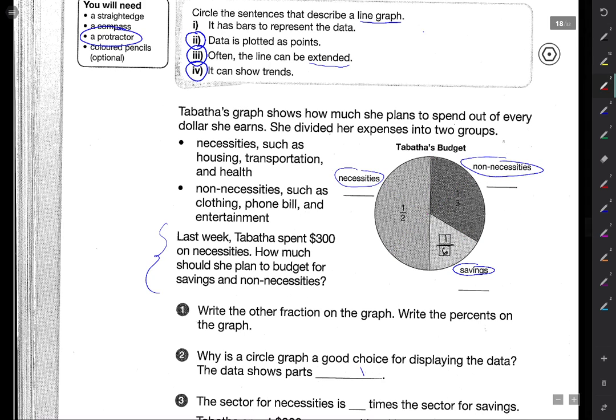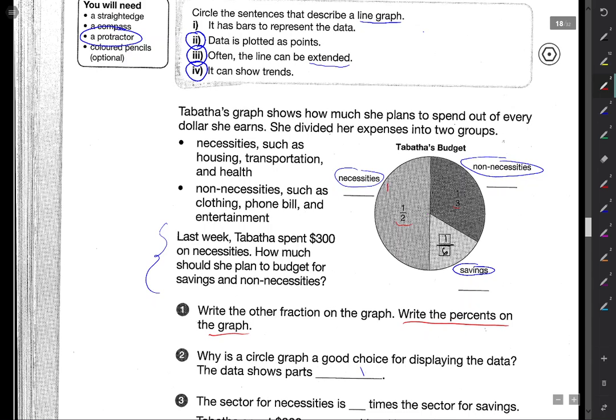Now the next thing this wants us to do is write the percents on the graph. So how we're going to do that is we're going to convert each of these fractions into a percent. So 1/2, let's convert that. We would do 1 divided by 2 in our calculator, and we would get 0.5. And then we're going to take that 0.5 and times it by 100, and that will give us our percent, which is 50% over here. Next, let's look at the non-necessities, 1/3. So in our calculator, we're going to do 1 divided by 3, which is equal to 0.3 repeated.